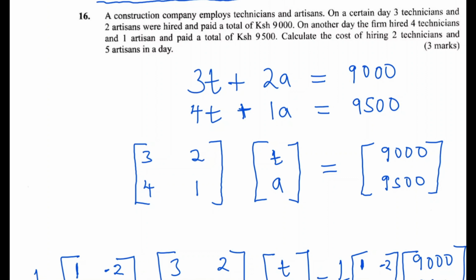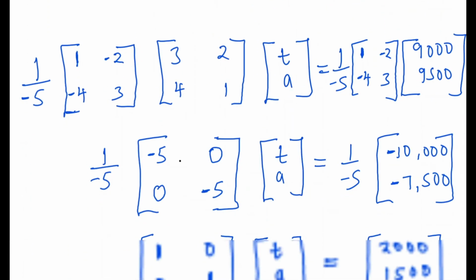We were told to calculate the cost of hiring 2 technicians and 5 artisans in a day. 2 technicians and 5 artisans. Now that is supposed to be easy because we already know the cost of hiring 1 technician and 1 artisan. So now we can say cost of 2 technicians. Instead of a technician, we shall say that 1 technician is paid 2,000 shillings. We can replace that in our equation.